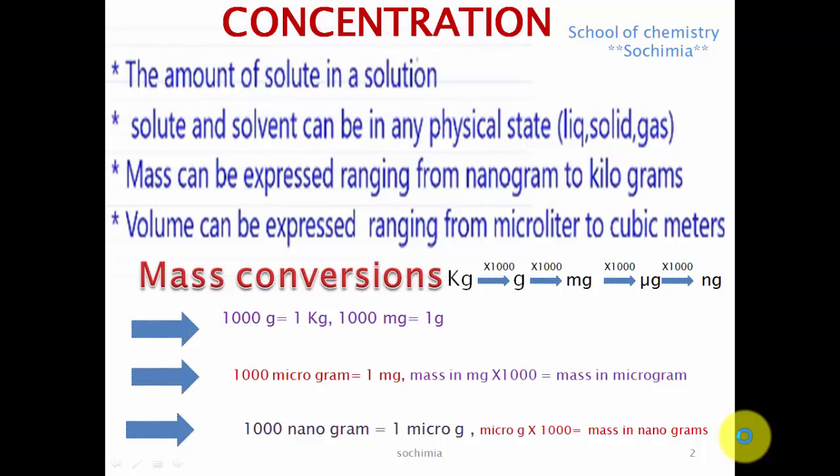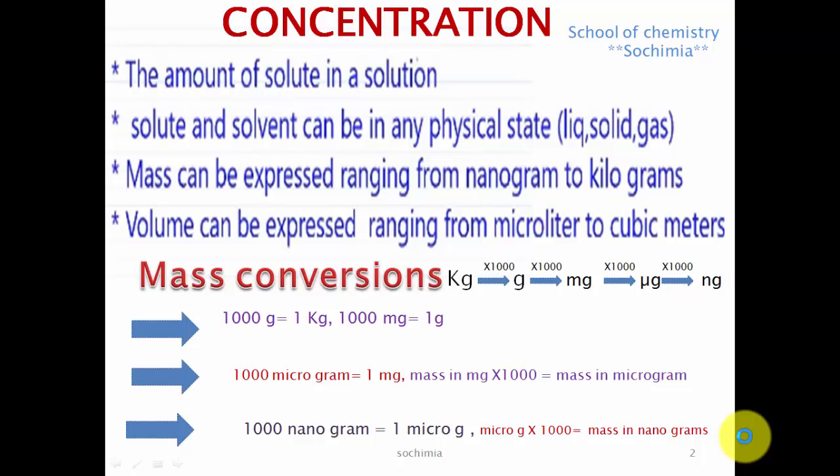As far as the concentration is concerned, as we all know, solutions are made up of solute and solvent, and the concentration is actually the expression of how much solute is there in a solution. Solute as well as solvent both could be in any physical state. They may be liquid, solid, or gases.